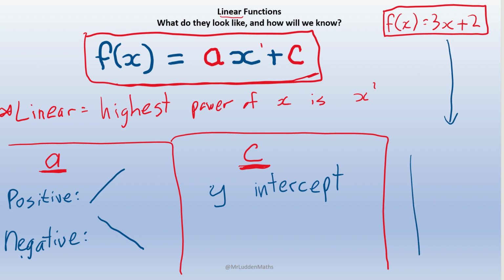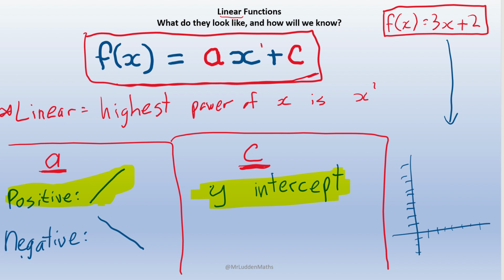So if I was to draw out a quick coordinate plane, this is very, very rough. I know that my line is going to go in an upward position, and I'll just highlight that. I know it's going to be positive, and I know that the y-intercept is going to be 2.